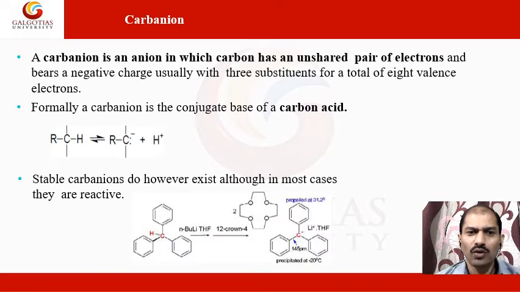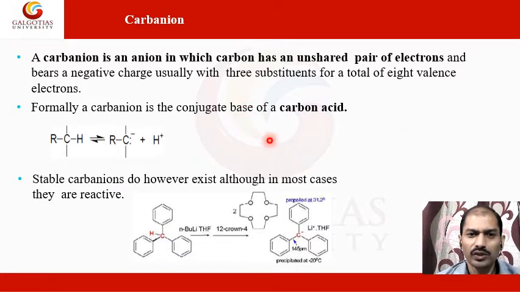Now coming to carbanion, a carbanion is an anion in which the carbon has an unshared pair of electrons. It has a negative charge, usually with three substituents for a total of eight valence electrons. Formally, a carbanion is the conjugate base of a carbon acid.